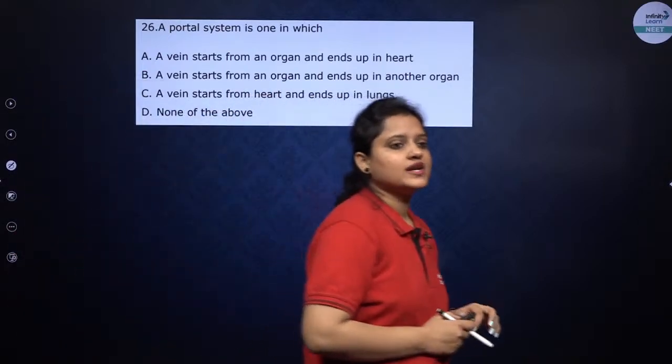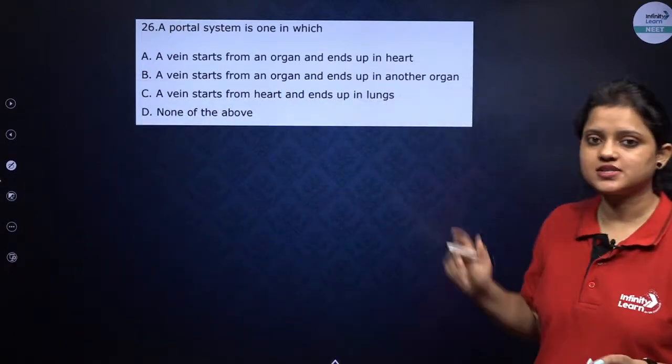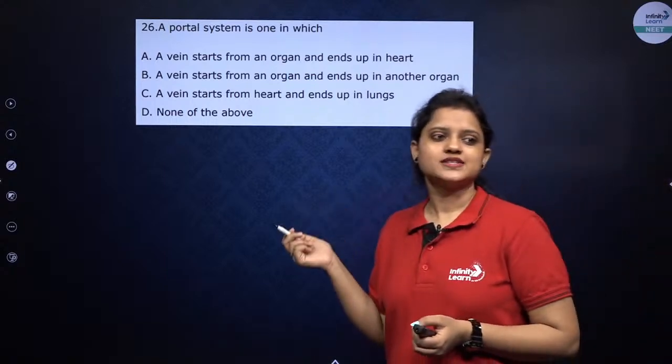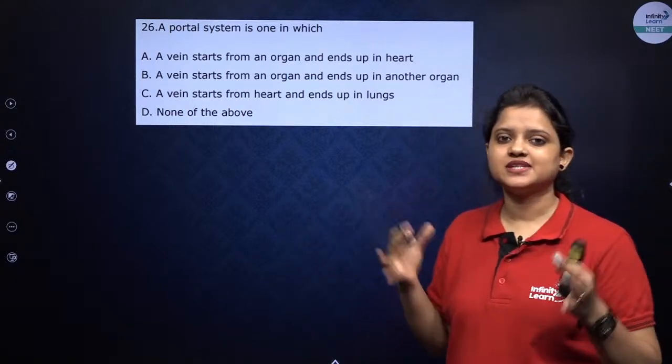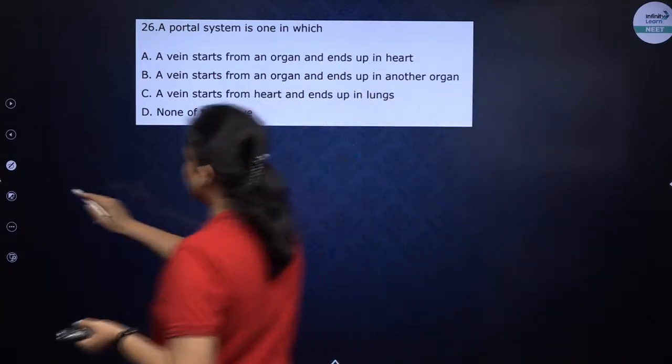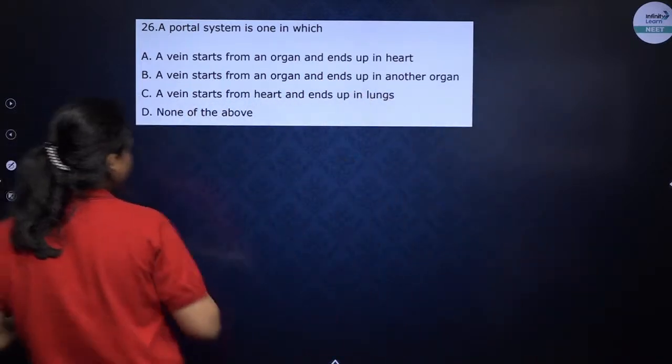Portal system is one in which? What is portal system, and which type of portal system is present in our body? In our body there are two types of portal system present.